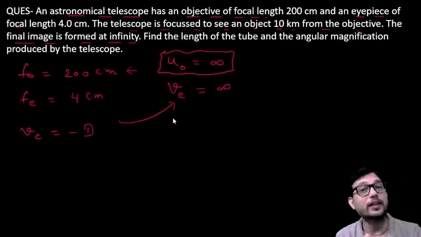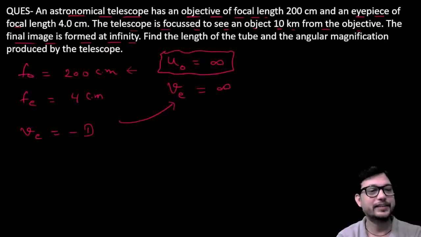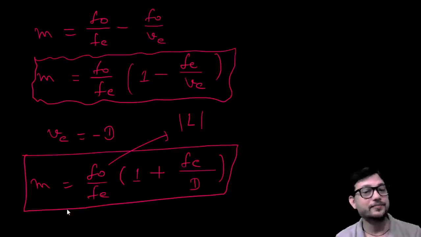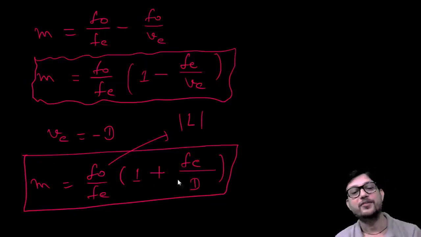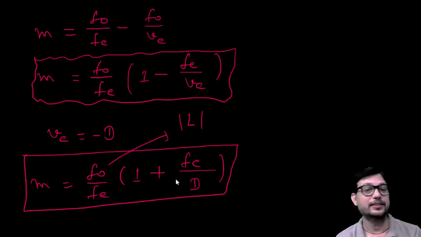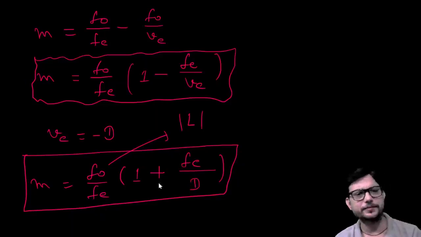In that condition, we have to look again at the final expression: M equals FO upon FE times (1 plus FE upon D). So in that situation, the term FE over D can be neglected, and only 1 will be there.